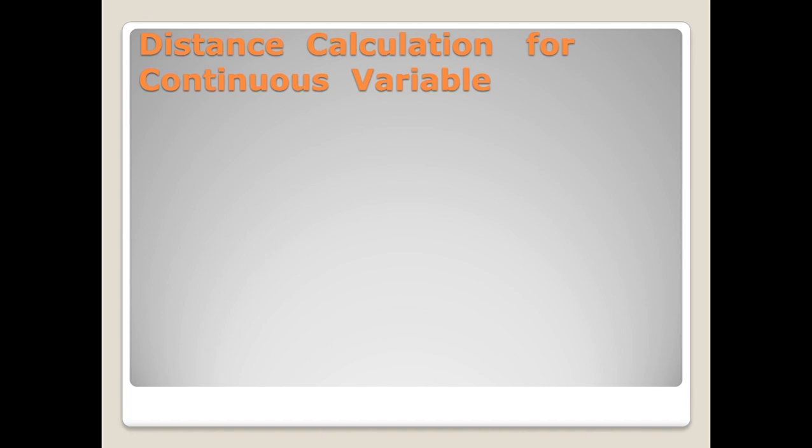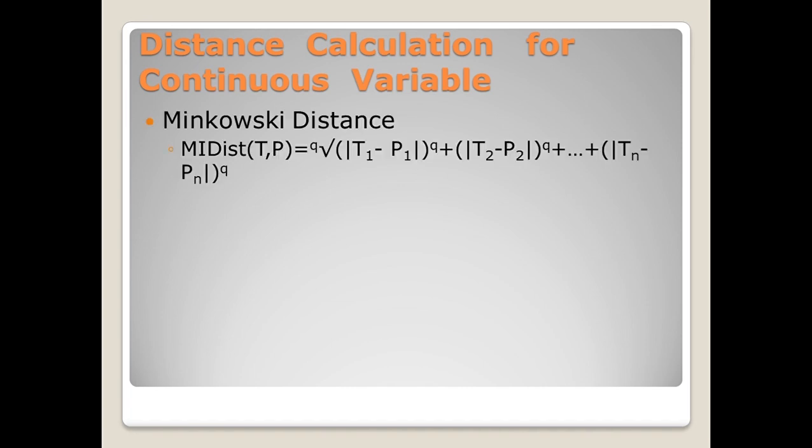So let us look at the distance calculation for continuous variables. One of the methods to calculate distance is Minkowski's distance. In this method, to find the difference between the training set T and the test set P, we will be finding the qth root of the sum of the absolute values of the differences between the training attribute and the test attribute.